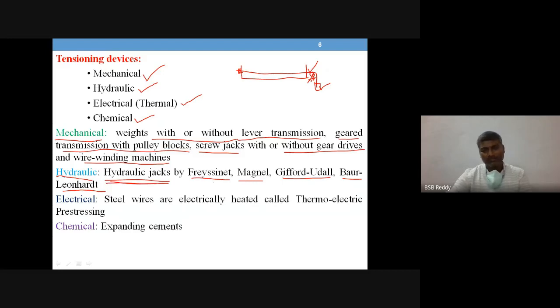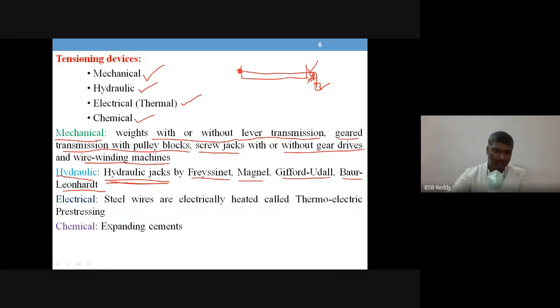A lot of devices have come around, 60 plus patented tensioning devices are available right now. Among them, whichever is to be used, you can choose according to your convenience and availability in the market.